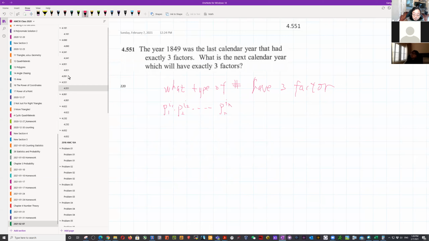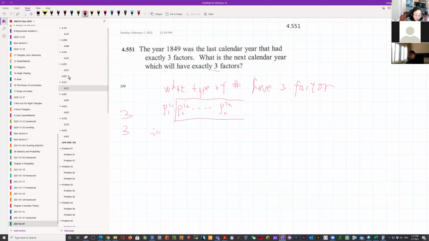So if it has 3 factors, then this number can only be made up of a single prime, because it cannot have another prime, since the number of factors is just 3. So the number of factors here is 3, and how do we get 3?